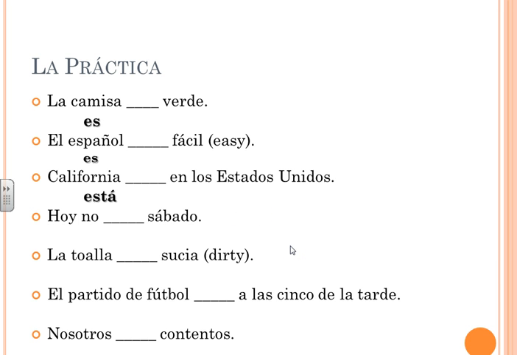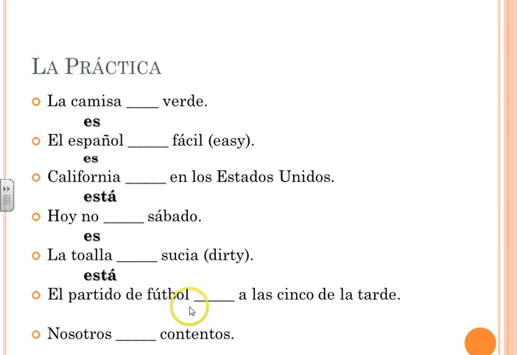Hoy no blank sábado. Today is not Saturday. To say that something isn't something, and you're telling what characteristic it is not, or what description it is not, we would need the verb ser. The next one, la toalla blank sucia. So the towel is dirty. Dirty is a condition, so we need está.